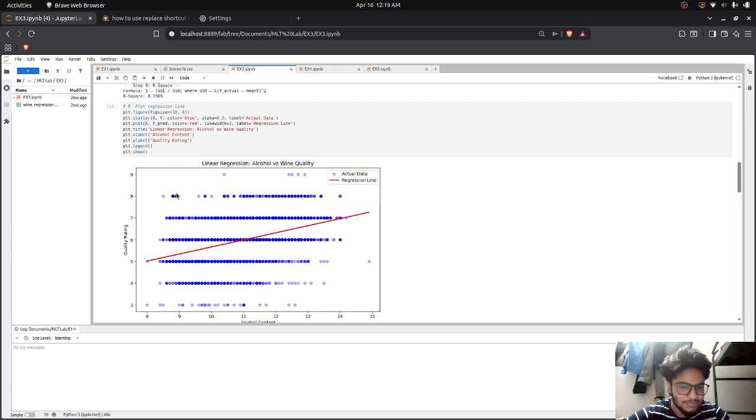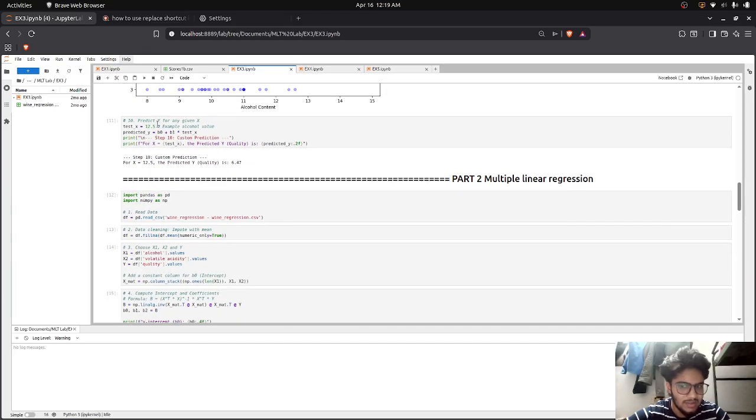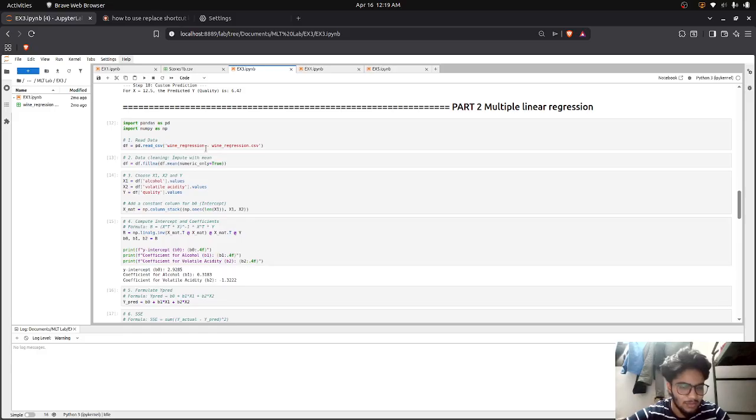Then we plot the regression to visualize how it works, and predict Y.